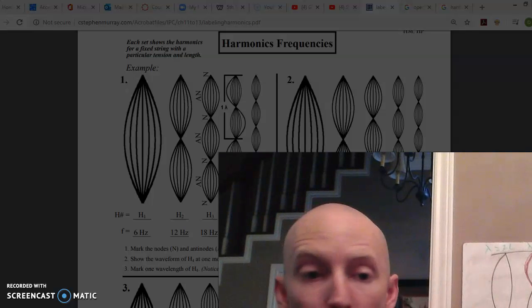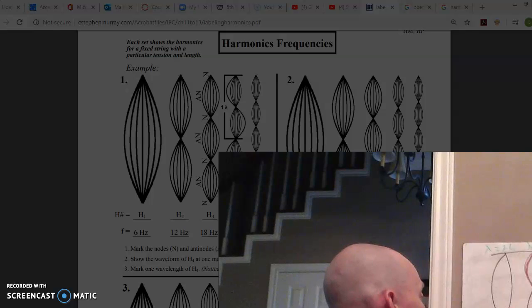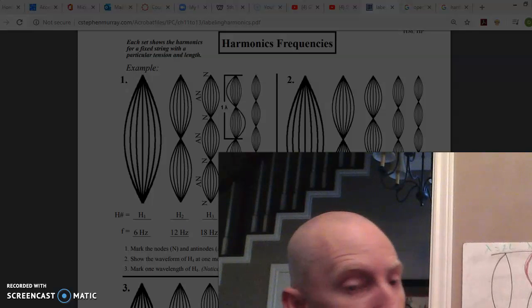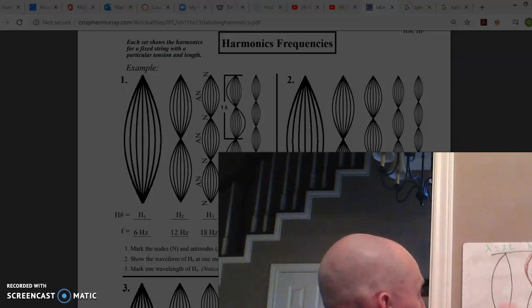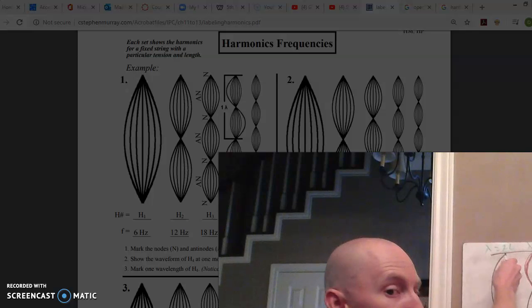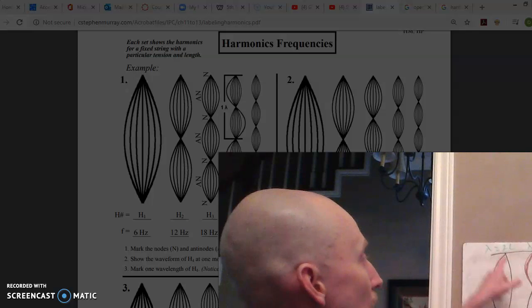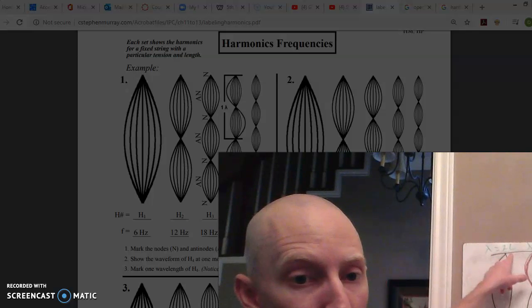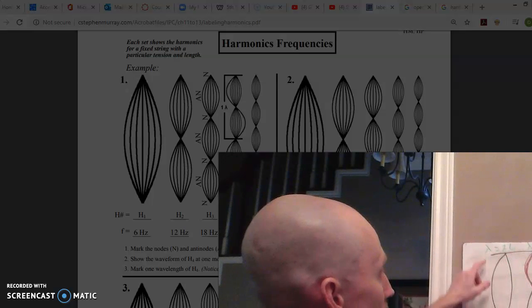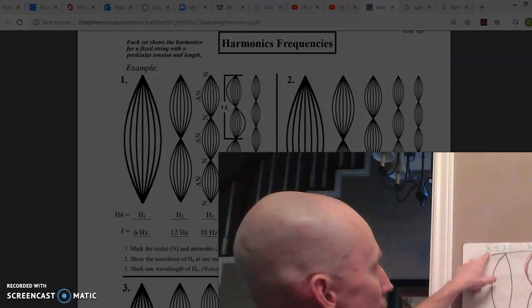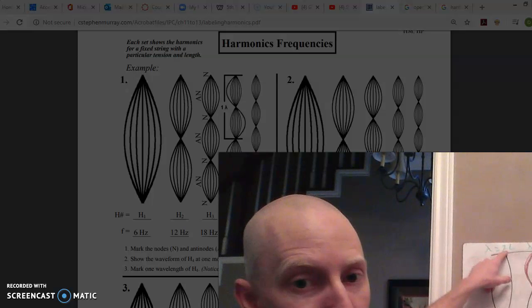You would need a whole nother loop here, right, to get a full wave. A wave is 2 loops. So you would actually need double the length of your string. You would need 2L. You need double the length of your string to get a full wave here. So the length of the wave needs to be 2L.